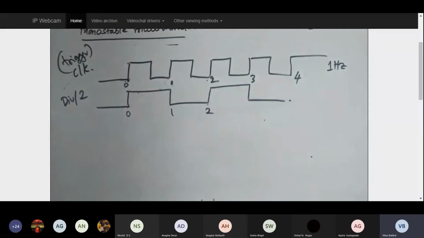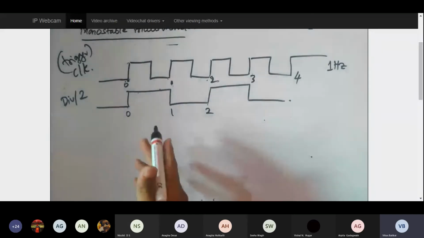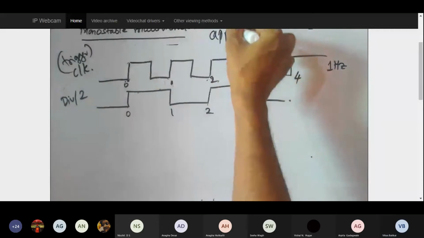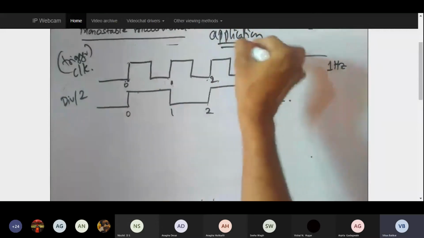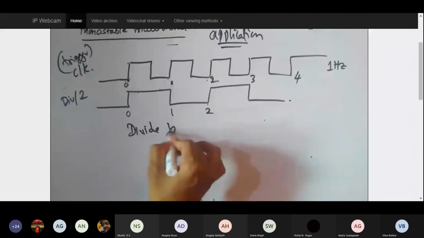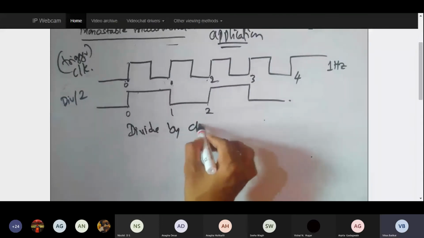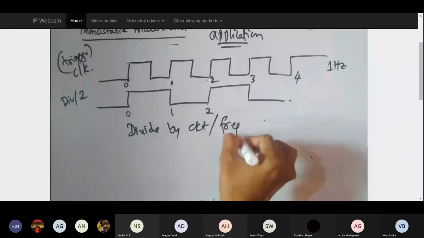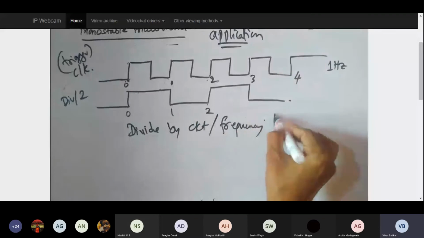So this is my divide by 2 circuit, and one of the applications of this monostable multivibrator is the divide by n circuit, or we can say a frequency divider.